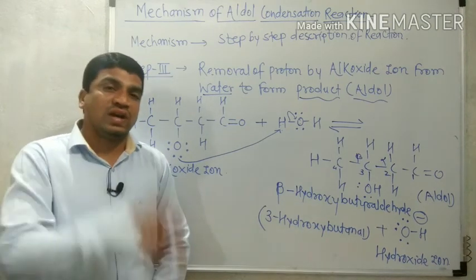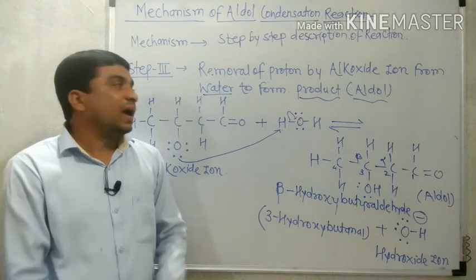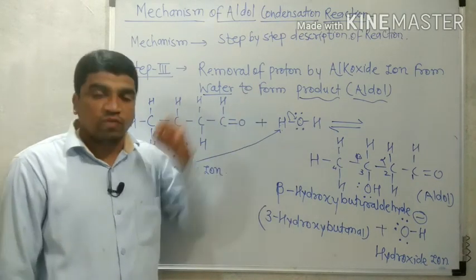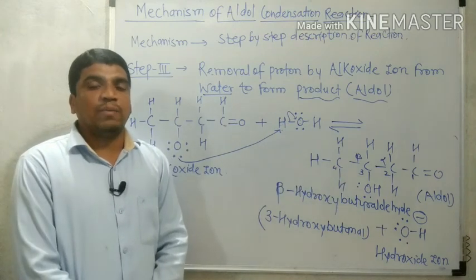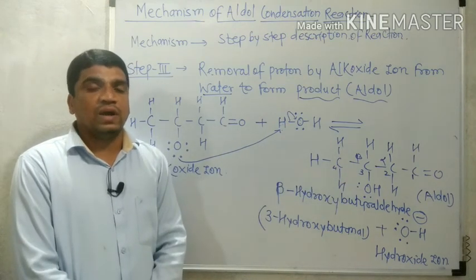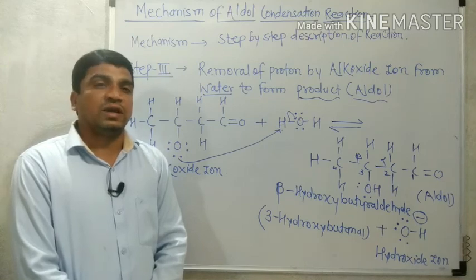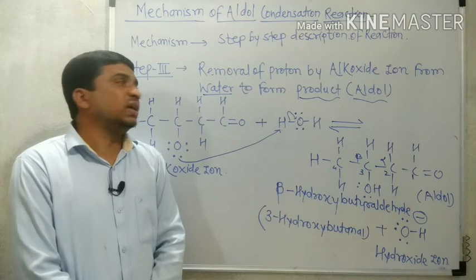And in the last step, that alkoxide ion extracts a proton from water to form the respective aldol. That is the mechanism of the aldol condensation reaction. Please revise and write all the steps that proceed in the mechanism.